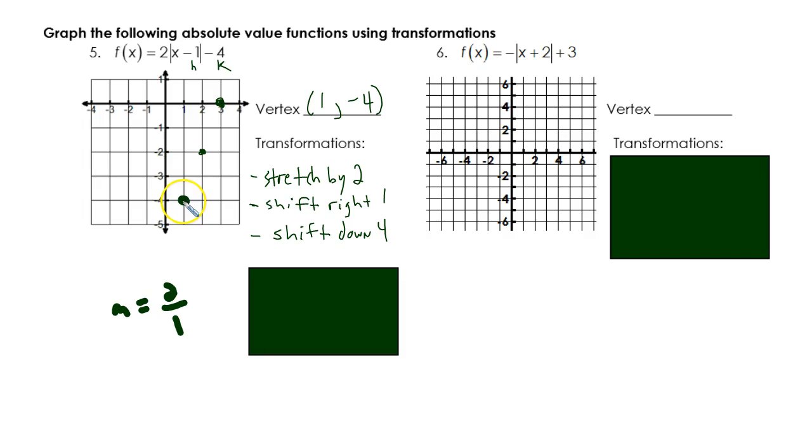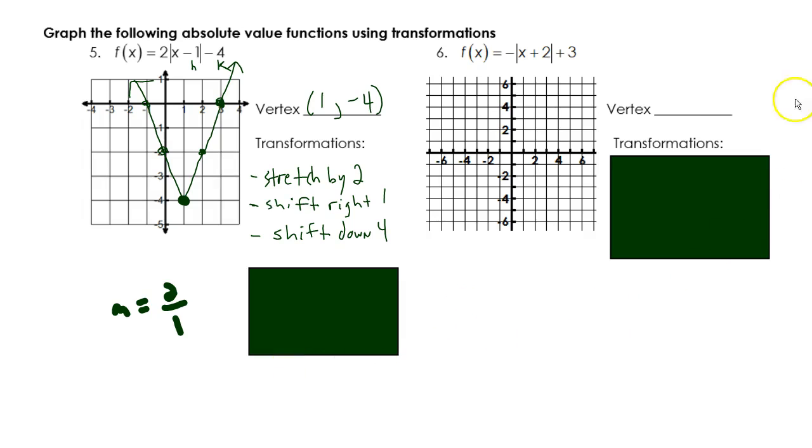And these functions have a mirror image on both sides of the vertex. So on the left side, we're going to go up to the left 1. We'll connect a line through these points on the left side and the right side of the vertex, and you should see a V. If you don't see a V, you are doing something wrong.